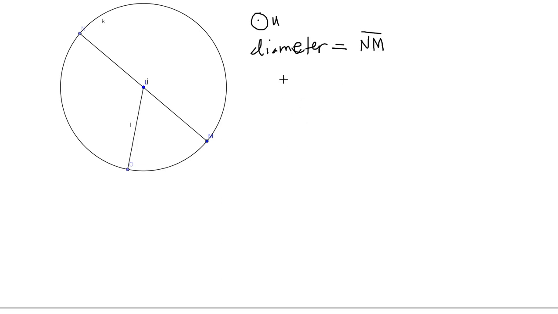And then I have the radii: I have UM, I have UN, the line UN, and the line OU. Those are my radii.